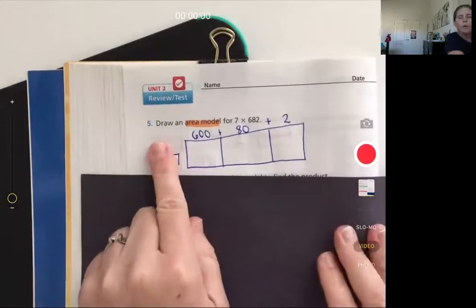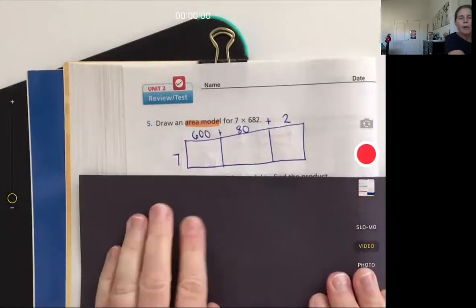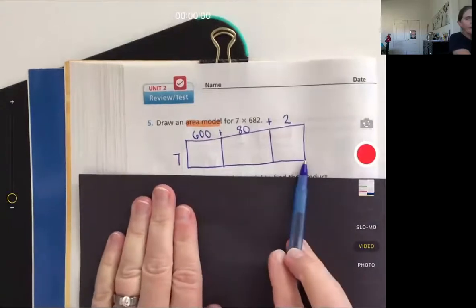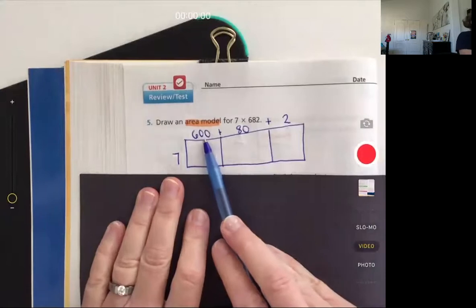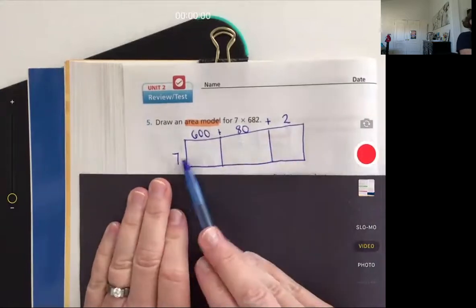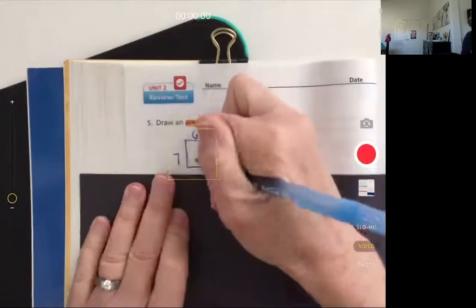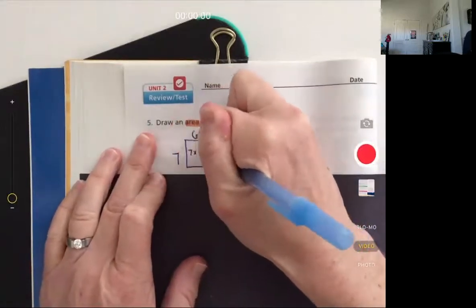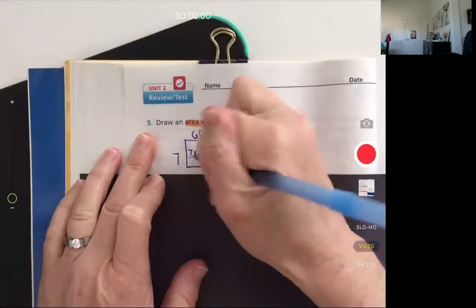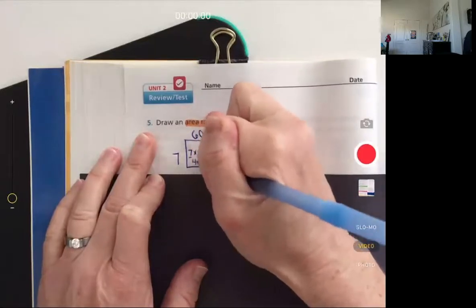Okay, number 5, we were to draw an area model. We set this up together yesterday in class. 7 times 682. So let's put these two together. This would be 7 times 600, right? So 7 times 6 is 42.